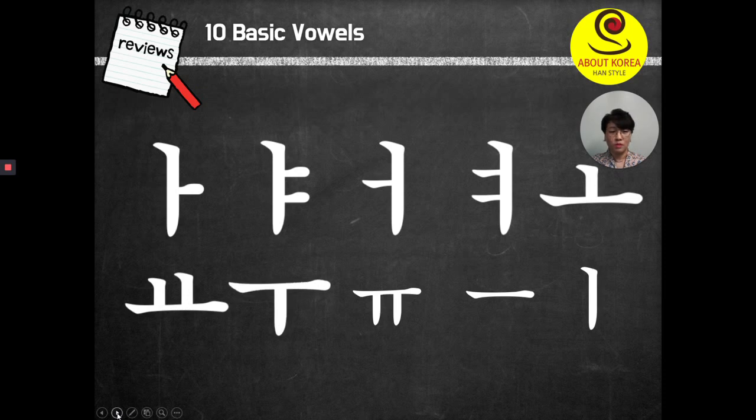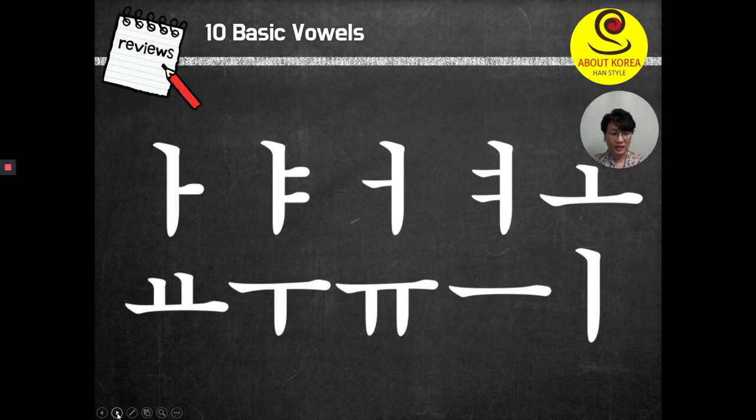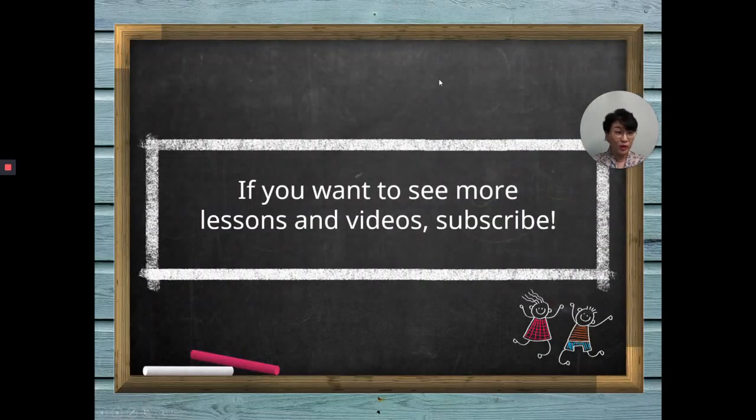U. Yu. Eu. I. These are the 10 basic vowels, not that difficult, right? So you can memorize each vowel and its pronunciation today. It's only 10 basic vowels. Try to practice and review by yourself. I think you're doing good today.